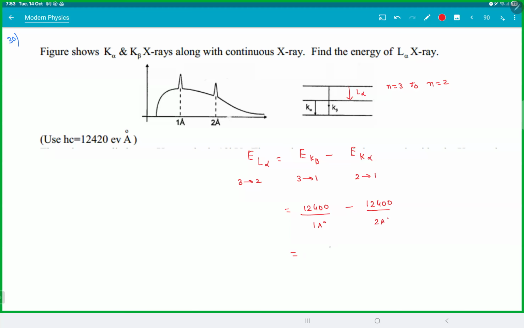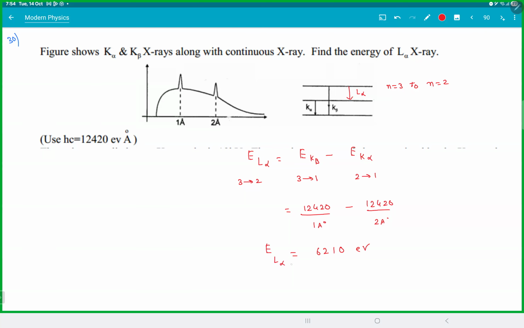That ends up as half of this, 6,000. We gave 12420, so 6,210. That's your energy of L alpha.